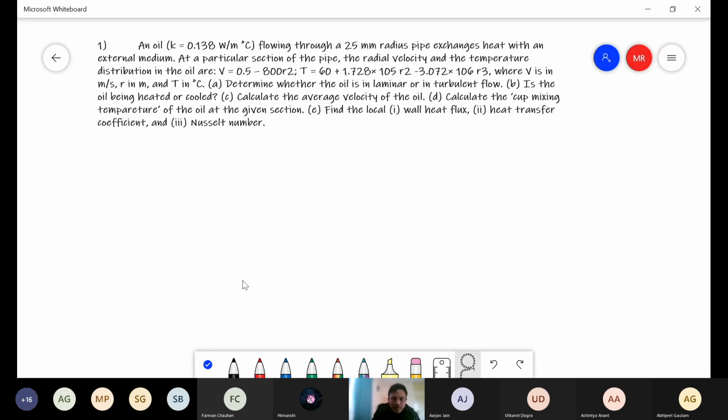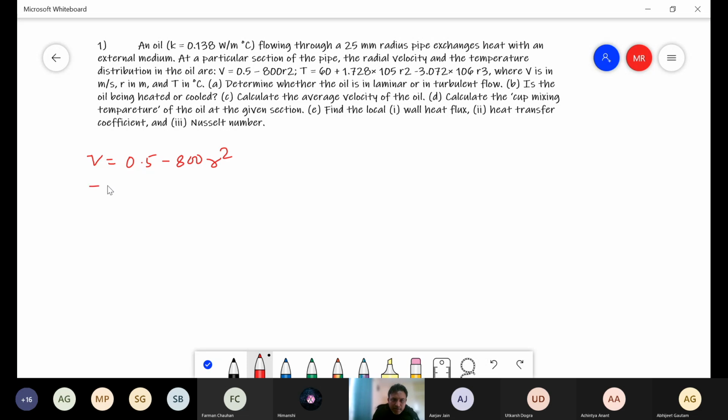V is given as 0.5 minus 800 R square. This is what the equation is given for V, isn't it?